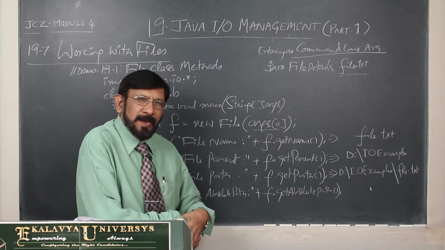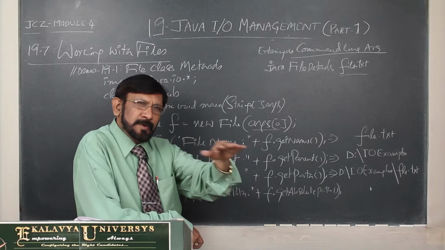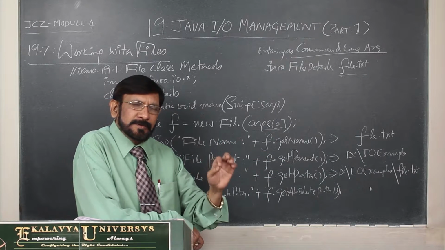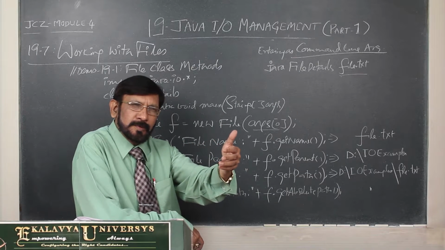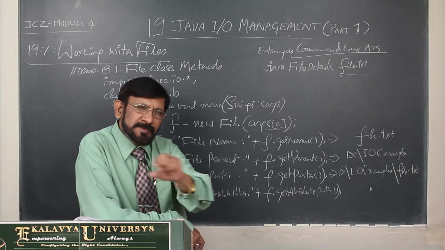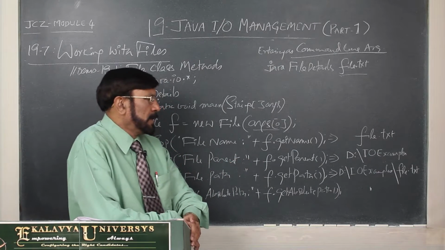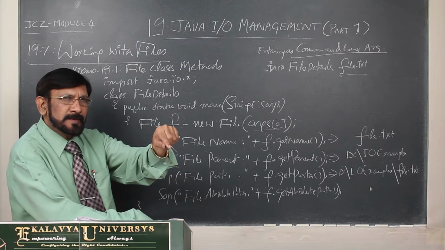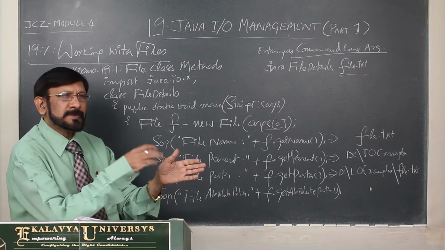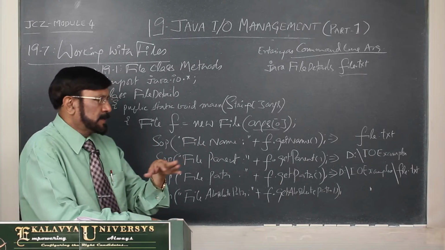Actually, every file is stored in directories and all that. That's why the path, suppose in order to meet you, some certain address is required. Already in previous chapters I explained to you. So, the path where this file is located is called the path, that I already explained to you.